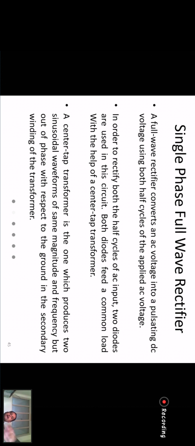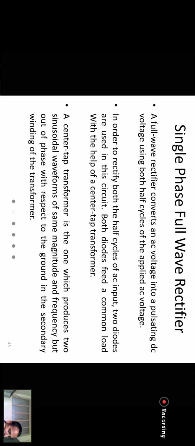The center tap transformer produces two sinusoidal waveforms of the same magnitude and frequency, but out of phase with respect to the ground.